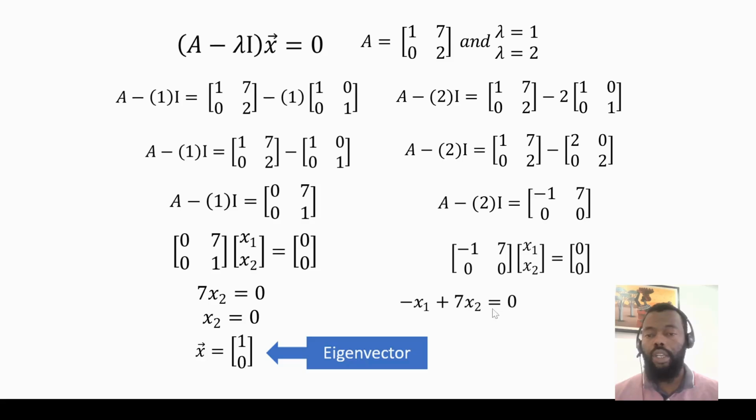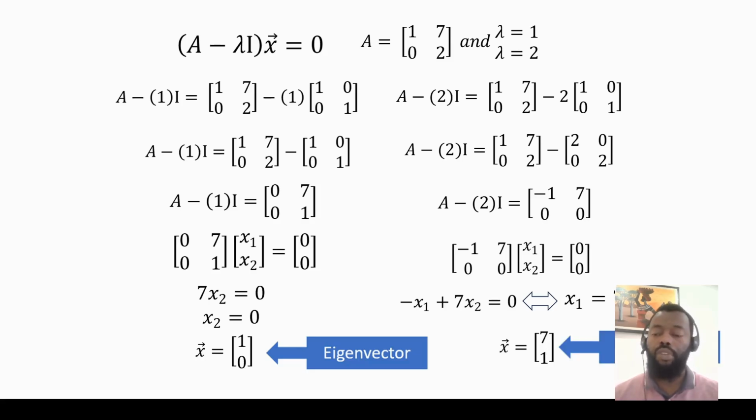Now we move 7 x2 to the right side and multiply all by negative 1. We end up with x1 equal to 7 times x2, and our eigenvector will be 7 1.